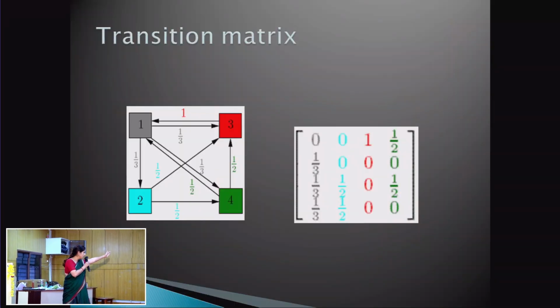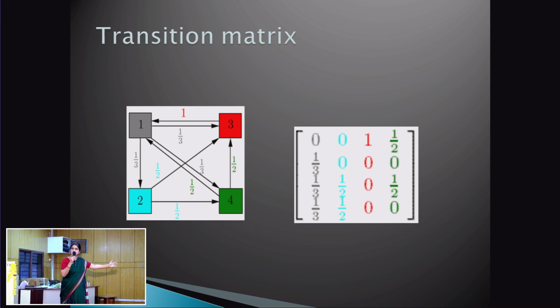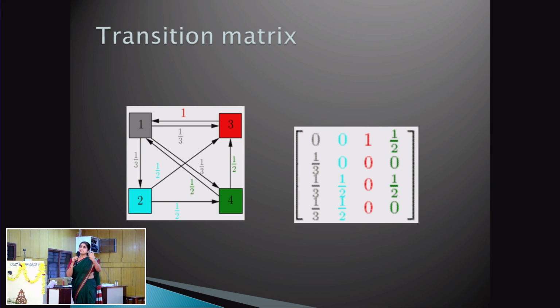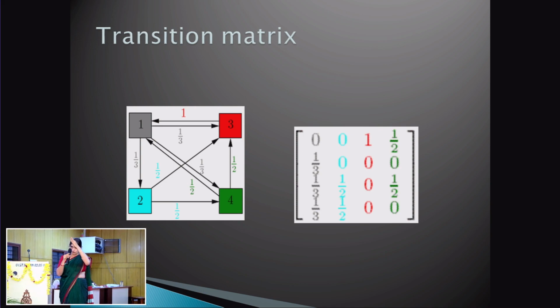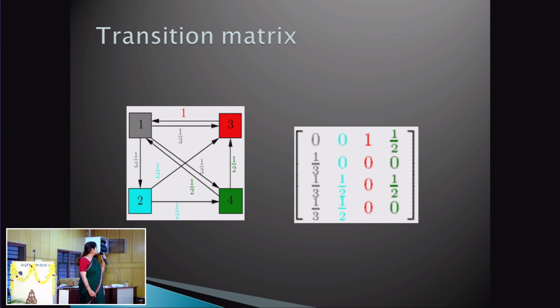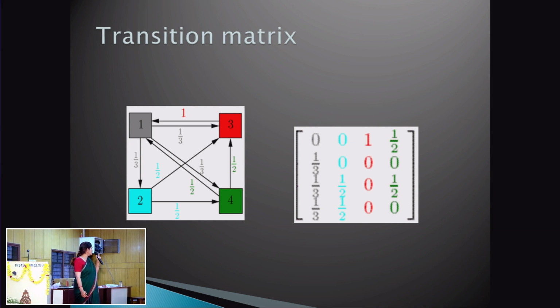So it has all ones. 1 means it is incoming. Column 1, all the incomings are non-zero. Column 2, if you see, it is regarding the in degrees of website 2. So website 2 has in links from 1, from 1 only.